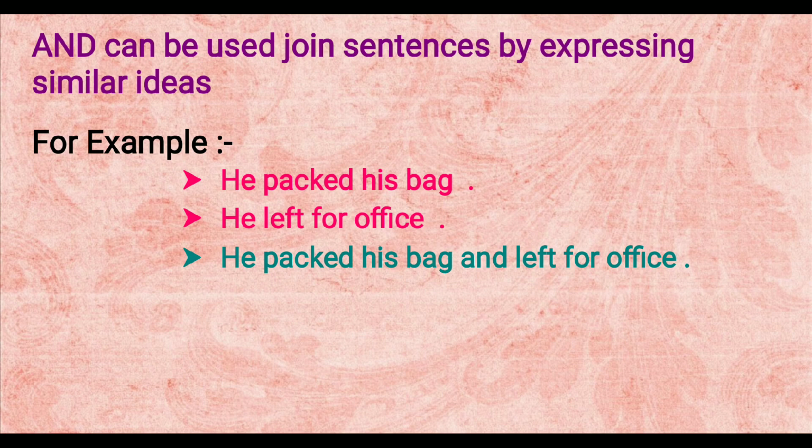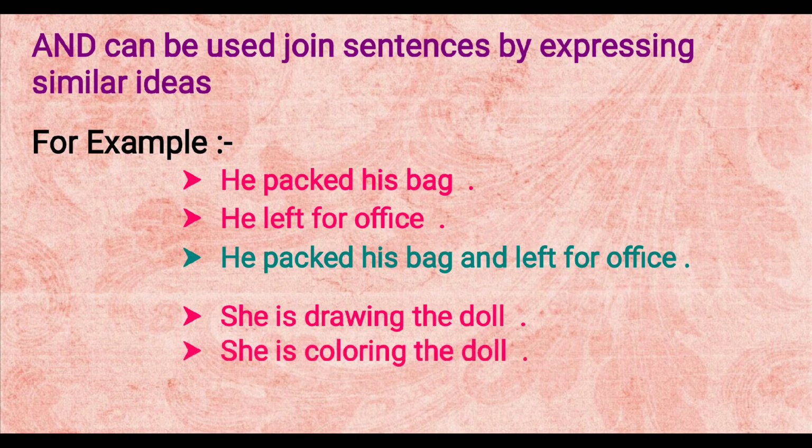In this sentence, whatever the common part is, we write it only once. He is the common part. Already we have written it at the beginning of the sentence. So, he packed his bag and left for office. Let's see another example and understand it properly. She is drawing the doll, and the next is she is coloring the doll.